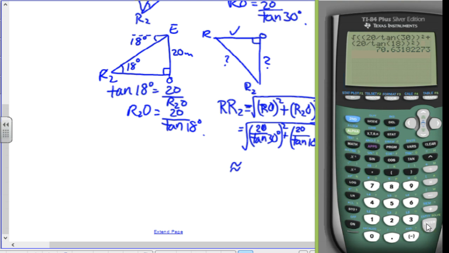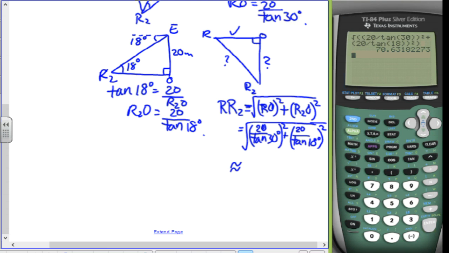You get about 70.6 meters to 3 SF. That is, these two reds are about 70.6 meters apart.